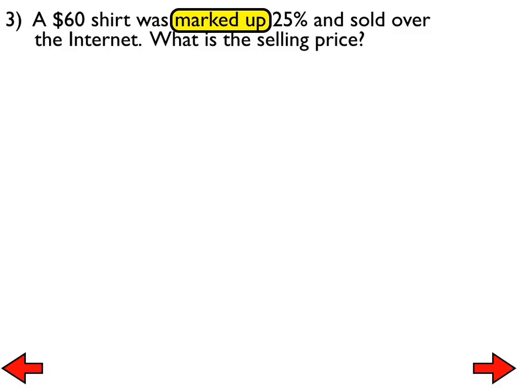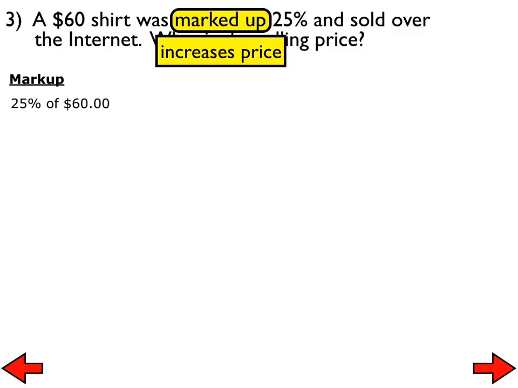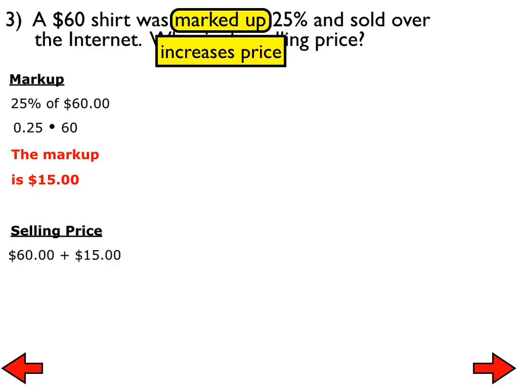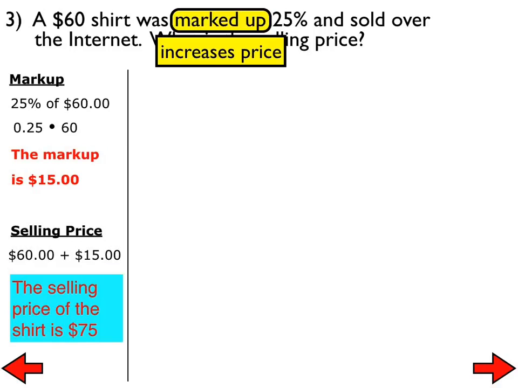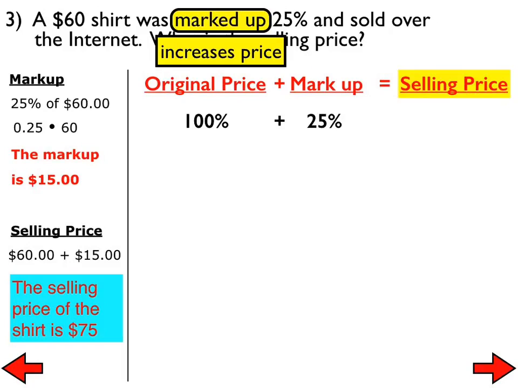Okay, I'm going to show you all three ways. I told you not to do it the first way, but just to review. Yesterday we did it the long way. Find markup first and then add it back to the price. So markup only would be 25% of 60, which is $15. Then add it back to the 60 would give you $75. If you did it the proportion way, that would be you're paying 125%, right?